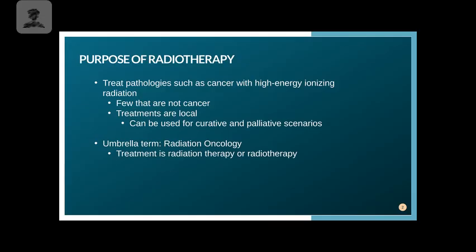We can use this for a curative purpose, meaning that the hope is we have eradicated enough of the cancer cells that there will be no reoccurrence or a lower chance of reoccurrence. If they reach a certain number of months or years without a reoccurrence, then we say that they are cured.